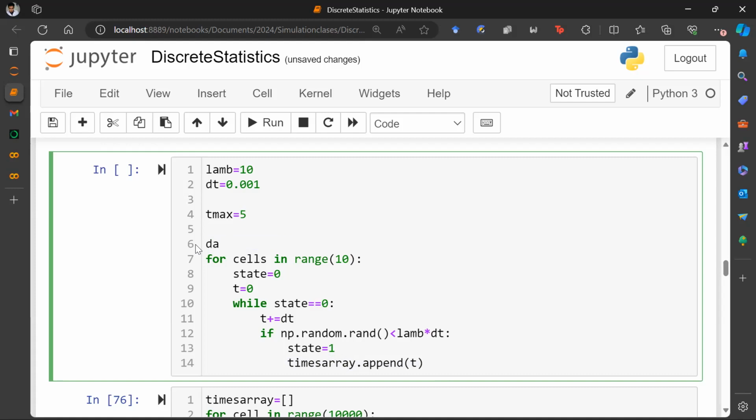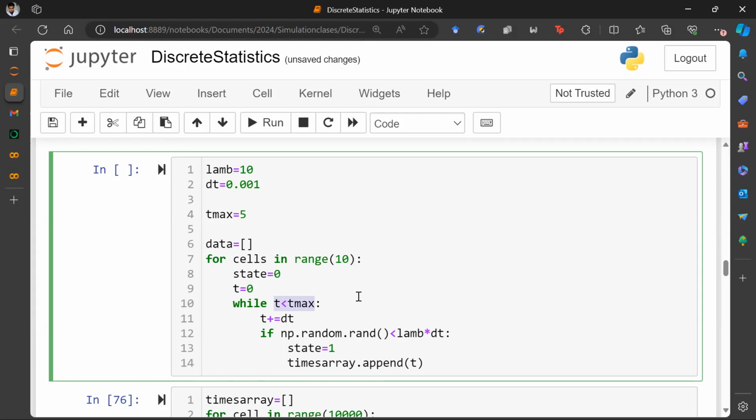I'm going to write an array called data that's going to be empty in the beginning. And for all cells, I'm going to start from state 0 and time equal to 0. Now I define a maximum time, Tmax. So here it is not state 0 anymore, but while t is less than Tmax.